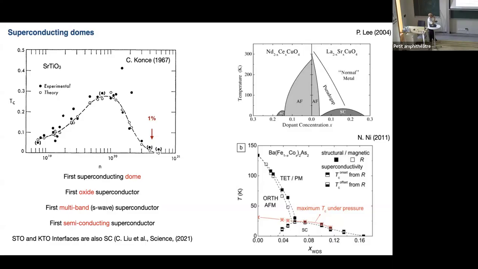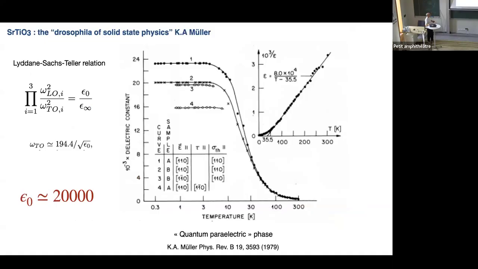At this level of doping, you are still well in the antiferromagnetic phase. The second one is that the parent compounds are extremely different. Here you have a magnetic phase. In the case of STO, you have the so-called quantum paraelectric phase that I will introduce to you.